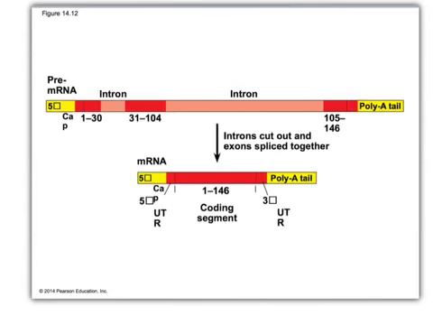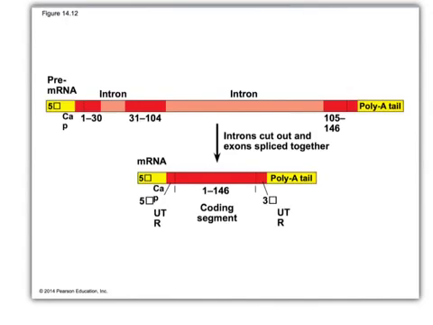So here's a good representation of splicing. The dark red are your exons. That's the important parts. So you have 1 to 30, 31 to 104, 105 to 146. Those are the base pairs from the coding sequence of your RNA. We want to remove those introns.